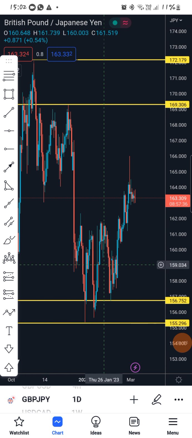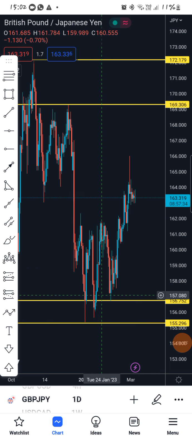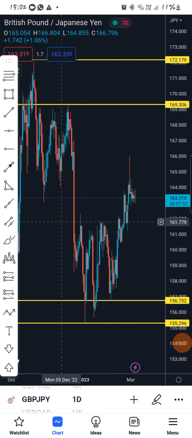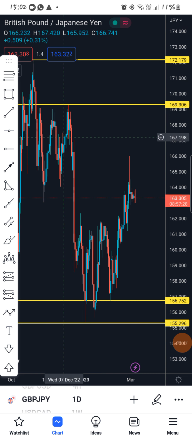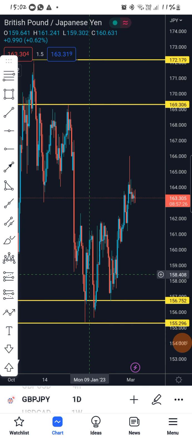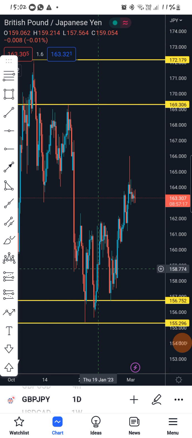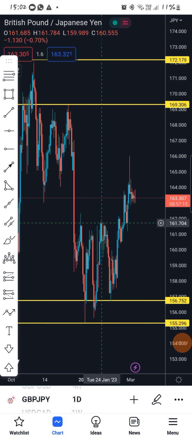And then eventually the trend started shifting to the upside. So how did we notice that it shifted to the upside? Because you can tell the trend was moving all the way down, and eventually from this point here, it pulled back to that area and went all the way back up. So what happened again?